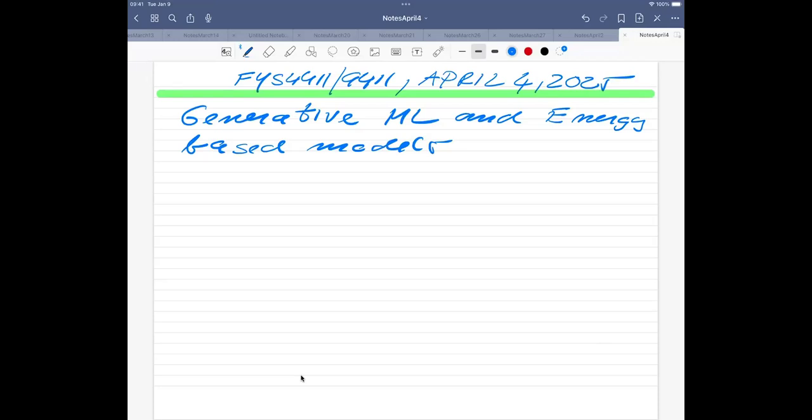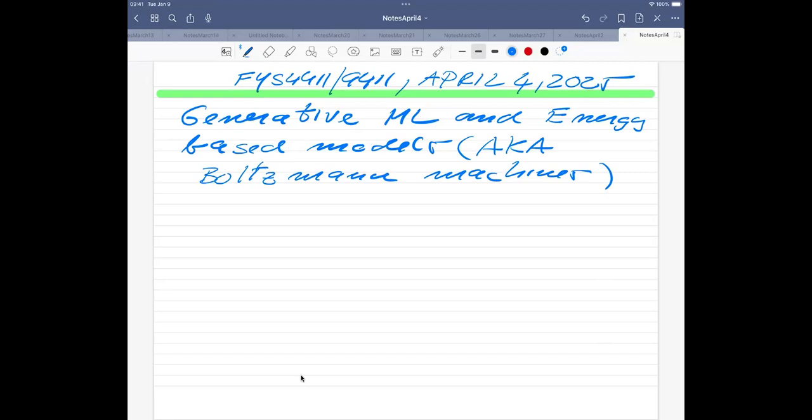And some of these are loosely also just known as Boltzmann machines, but you don't need to do a Boltzmann machine.